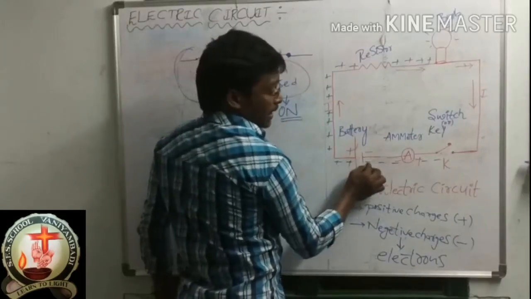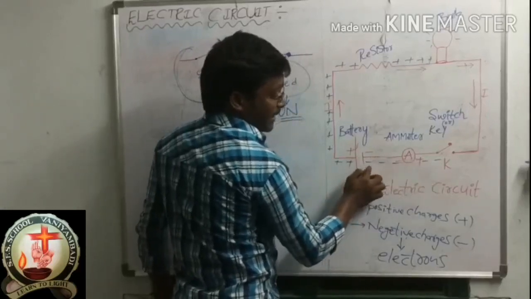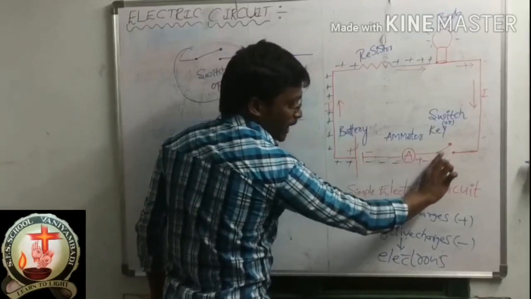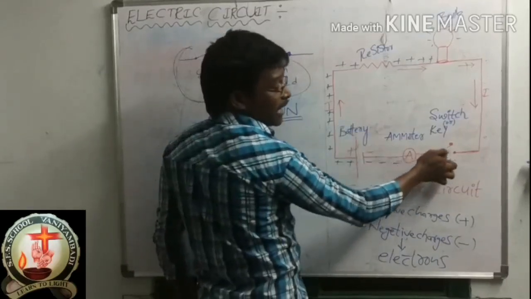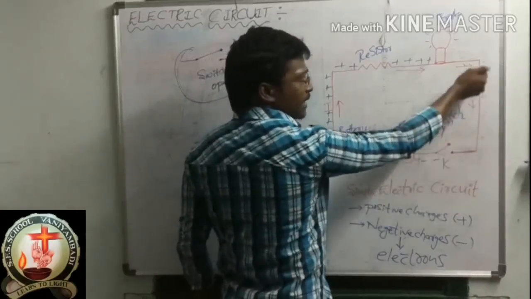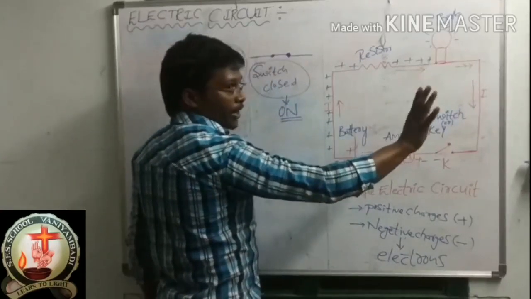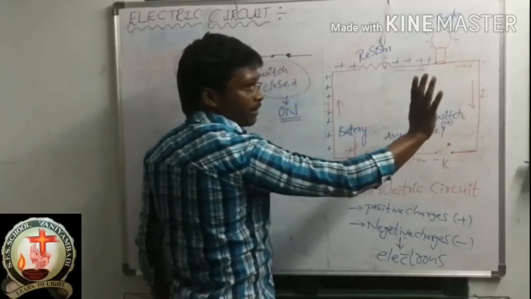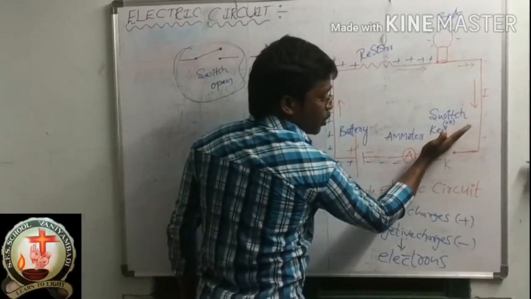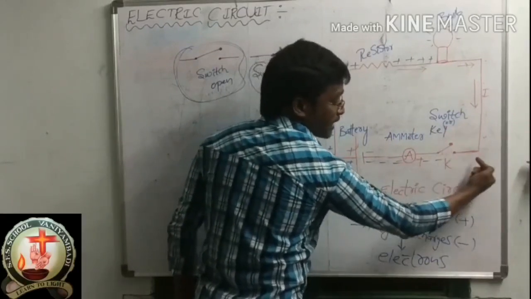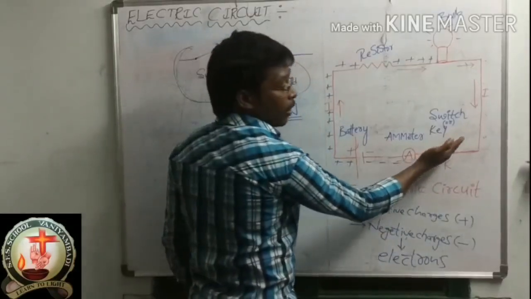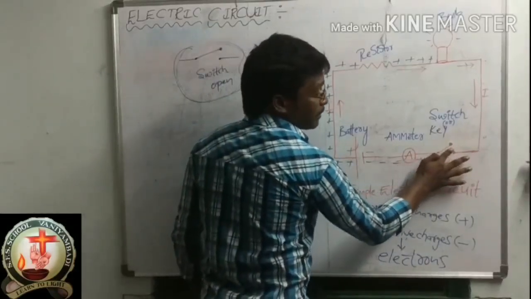Otherwise, these electrons will move from the negative terminal of the battery to the key. But the key is here open, not closed. If the key is closed, these electrons will usually reach the bulb. But when this key is open, electrons won't reach this side, it won't travel that side, because the switch is opened.